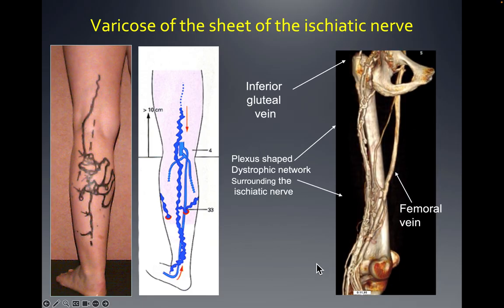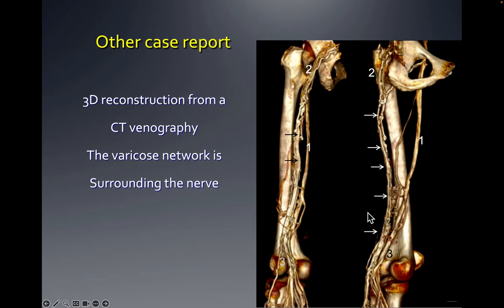And you can see what is the real anatomy. The femoral vein being here, you see that the plexus-shaped dystrophic network is surrounding the sciatic nerve, coming from the inferior gluteal vein here, and this is a display of the varicose veins of the sciatic nerve.